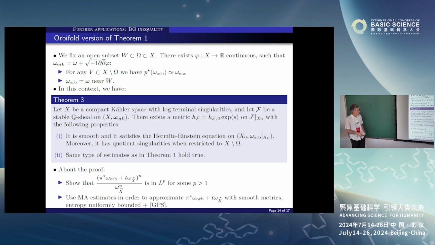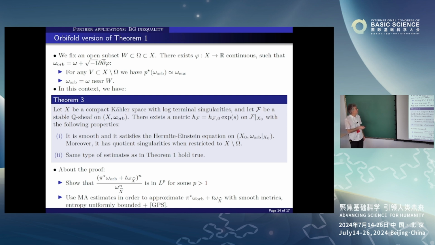And then the entropy would be uniformly bounded by the way we choose the right-hand side here. And then we use again the GPS results in order to take limits as we did before. This doesn't say much about the real difficulties, but the outline of the proof is simply here.